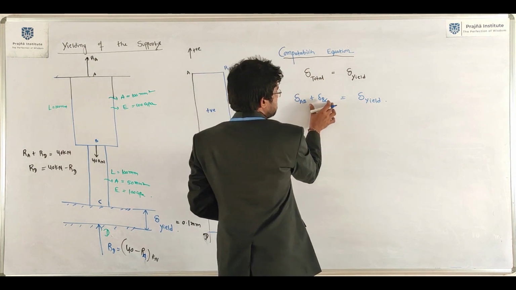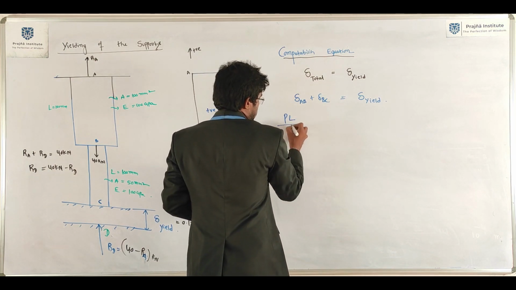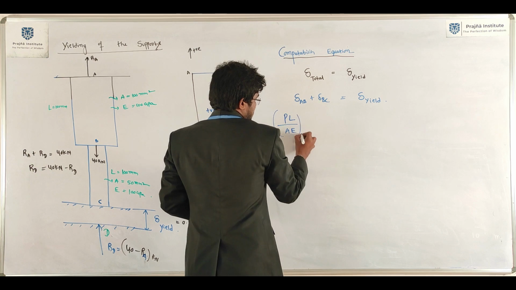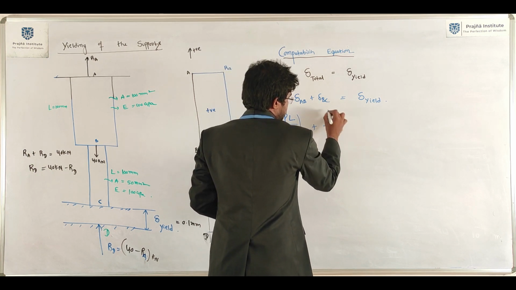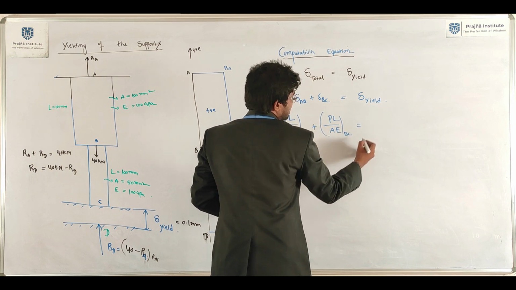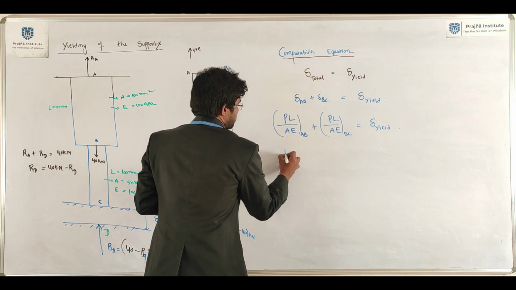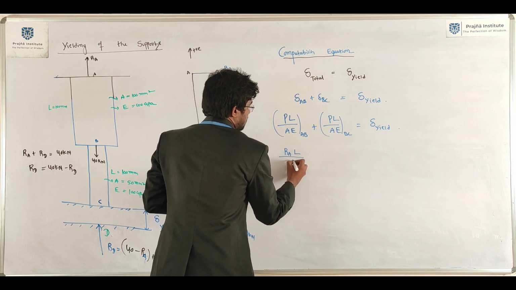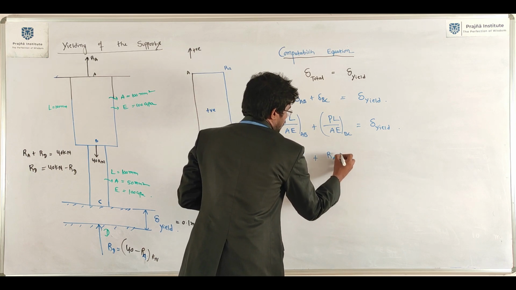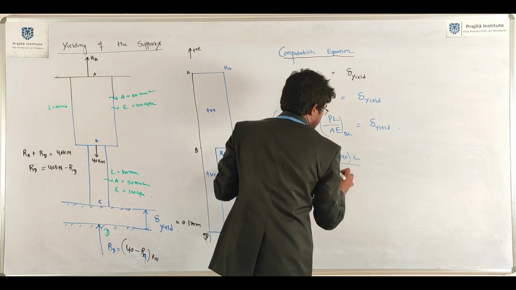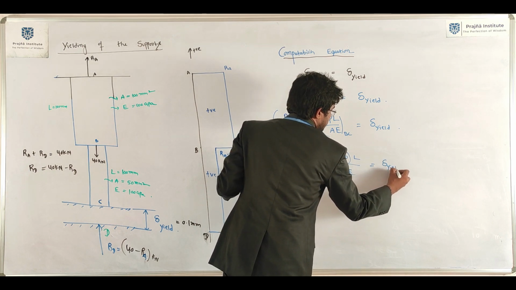It is nothing but PL by AE for AB plus PL by AE for BC equals delta yield. That is RA into L by AE plus RA minus 40 into L by A by 2 into E equals delta yield.